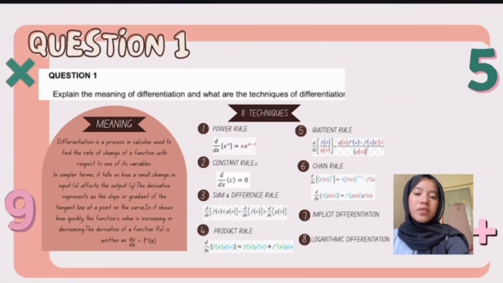The derivative represents the slope or gradient of the tangent line at a point on the curve, so it shows how quickly the function's value is increasing or decreasing. The derivative of function f is written as dy over dx or f prime x.